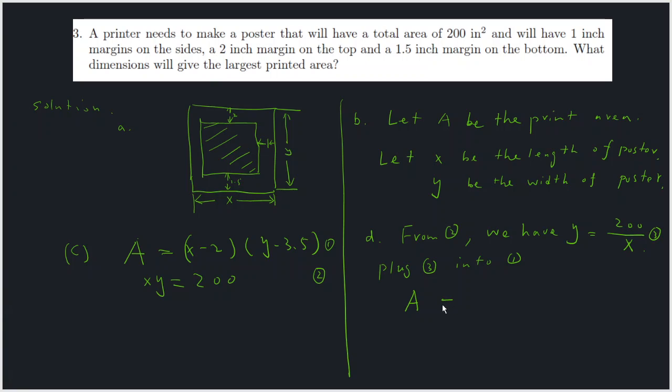A equals (x minus 2) times, and now y can be replaced with 200 over x, so times (200 over x minus 3.5). At this point, we can write A as A of x, because A is dependent only on x now, right?